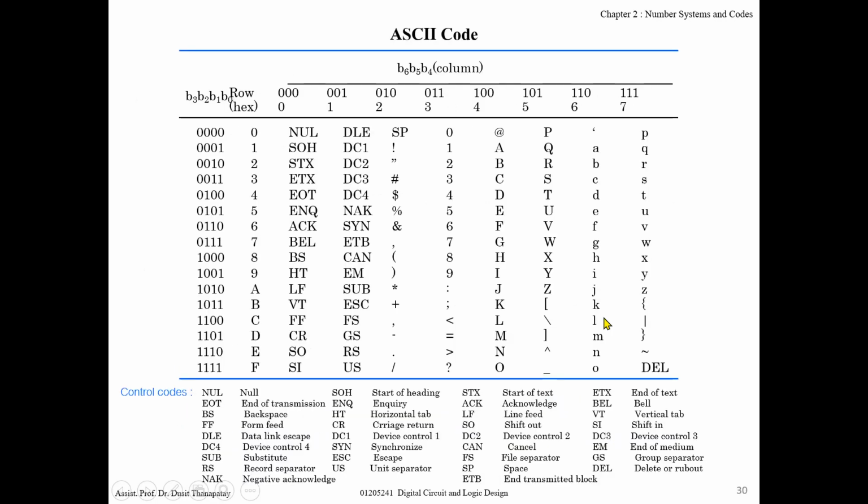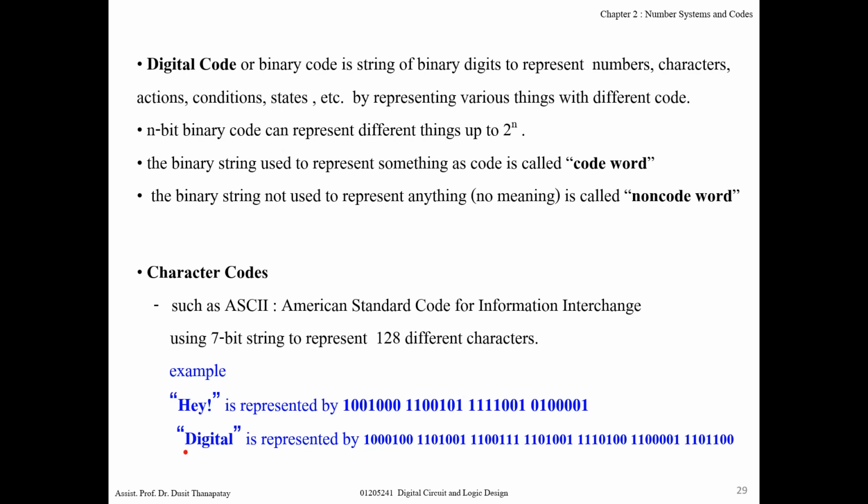For example, in this table, the columns are B6, B5, B4, B3, B2, B1, and B0. If I want to represent a capital letter D, we use 100 0100.